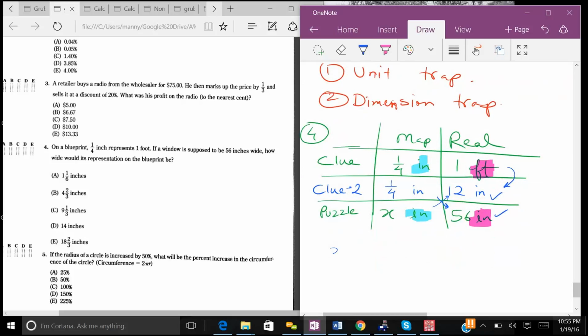So you do x times 12 equals 1/4 times 56, which is 14, right? X is 14 over 12, which is 7 over 6, which is 1 and 1/6, right? Any questions on that?